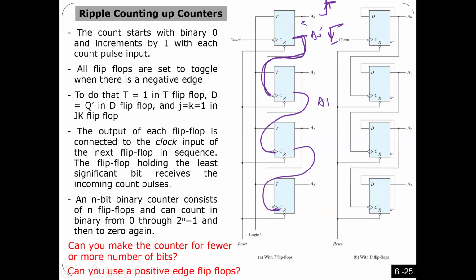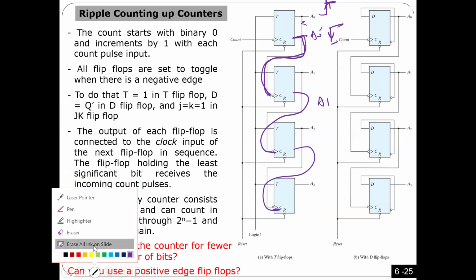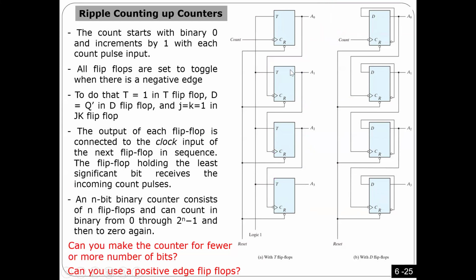That's it. So let me tell you the conclusion, guys, to finish this lecture. Very easy. Look here. If you want to count up, I'm gonna use this circuit where the clock is connected to A. Make sense? But if I want to count down, the first one is okay, I'm not gonna change it. But after that, this one has to come from A node prime.